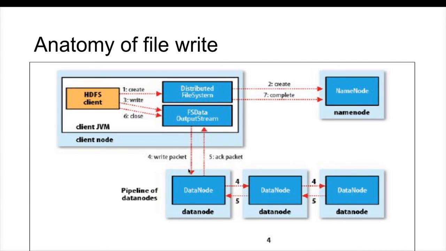If, when the client is trying to write to the first data node, the write to the first data node itself fails, then it will completely discard the pipeline and initiate a new pipeline transparently, without showing any issues to the client.